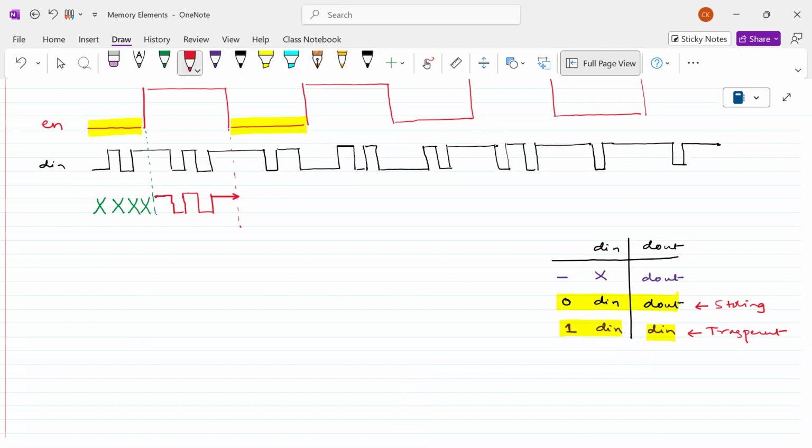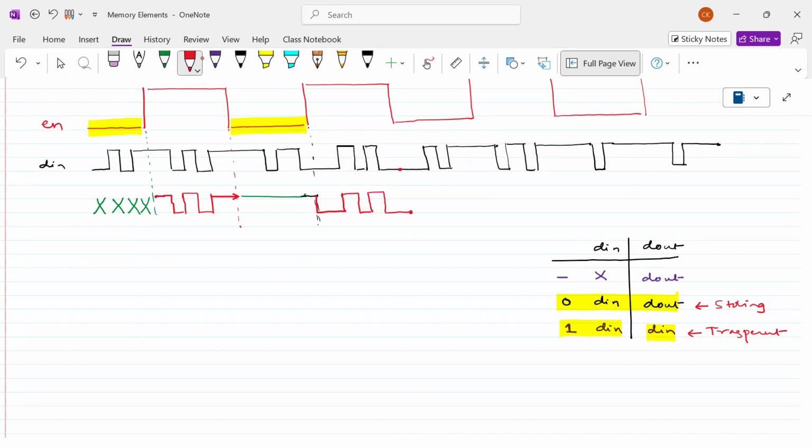For storing purposes, I'm going to take this one. Now, what happened here at this time? This value is equal to 1 up to this point, and then it goes down and gives transparency to this point. Whatever is there will be transparent to this point.